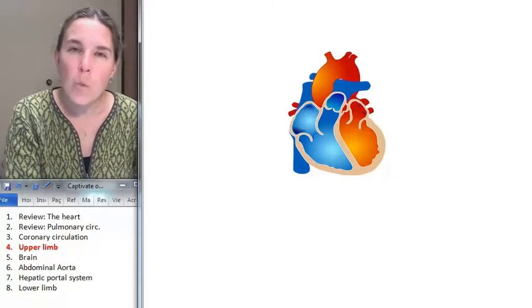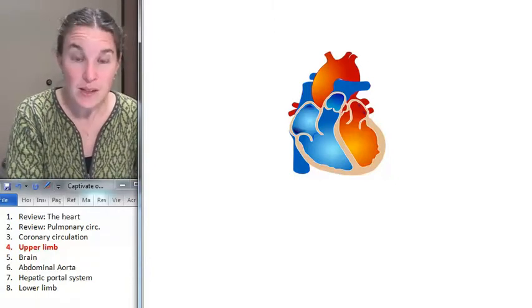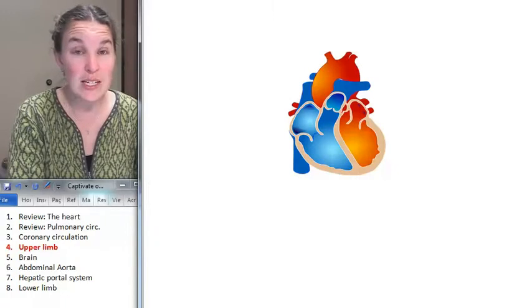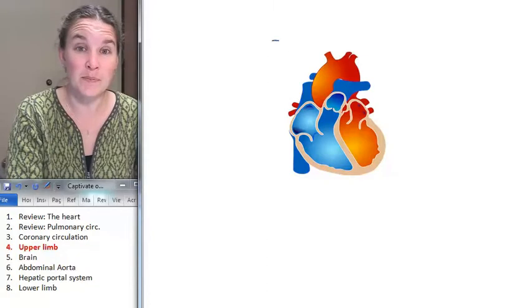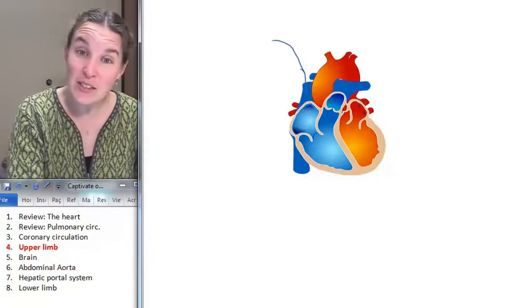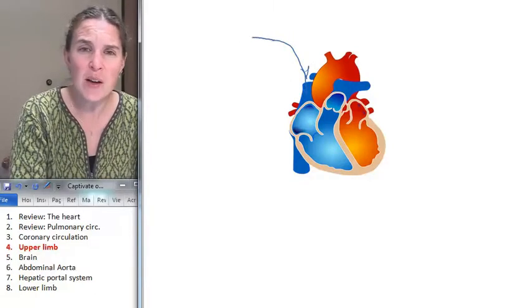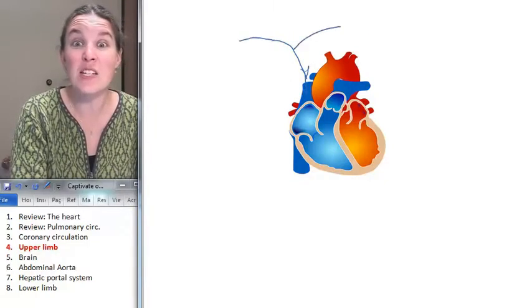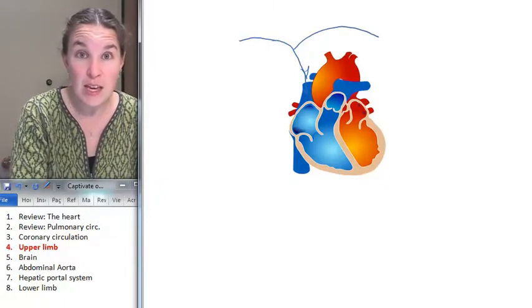From the arm, where do you think the blood is going to enter the heart? It's going to enter through this superior vena cava. So right here is where we're going to come in. And superior vena cava, let's just make our little arrows so that they stick out. Superior vena cava branches into two brachiocephalic veins.